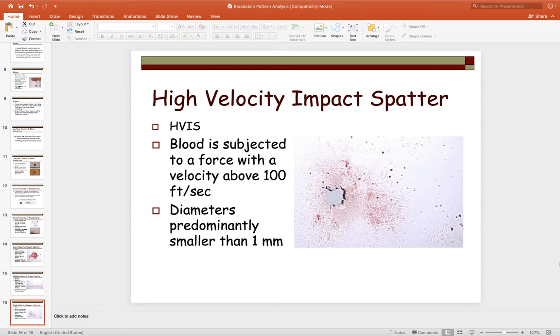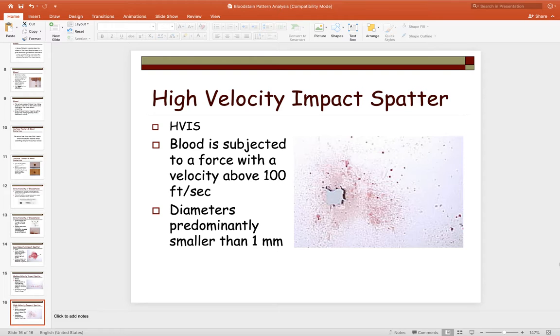What I want to talk about next is how we can test whether or not there is the presence of blood. There are two presumptive blood tests that forensic scientists use: a luminol test and a Kastle-Meyer test. Both of them are used to interact with the hemoglobin inside the blood.